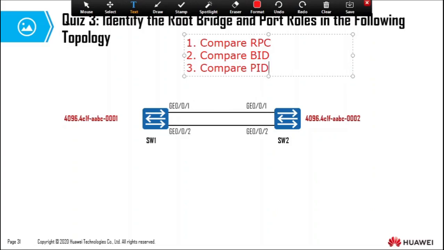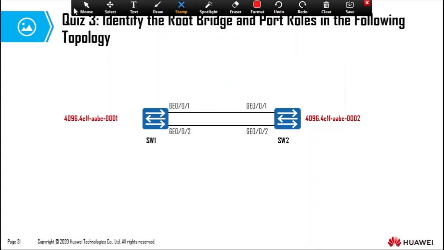We compare the PID, right? So who do you think will have a better PID here? The one with a smaller value, right? So G001, this will be our root port. Then we are going to block this one, so that will be our alternate port. Is that clear? Okay, thank you.